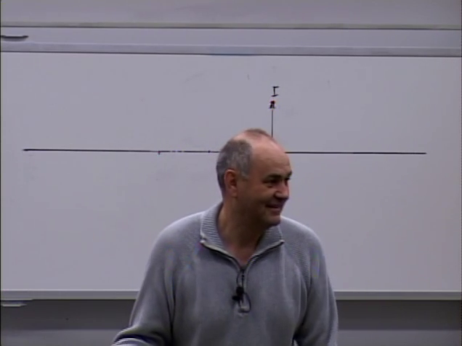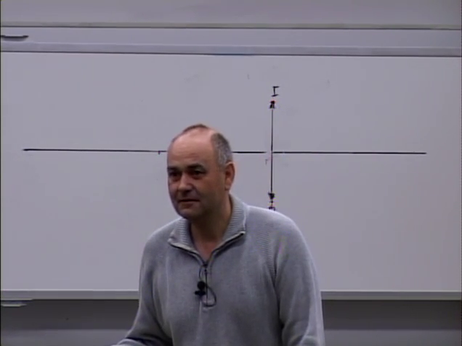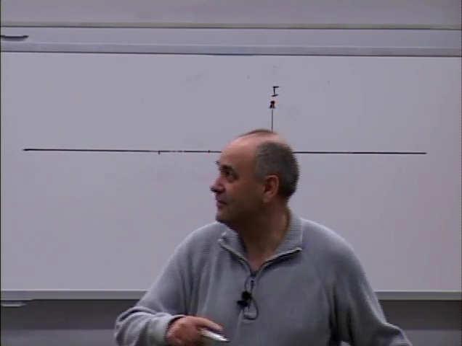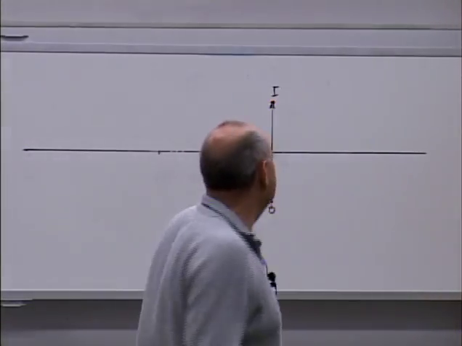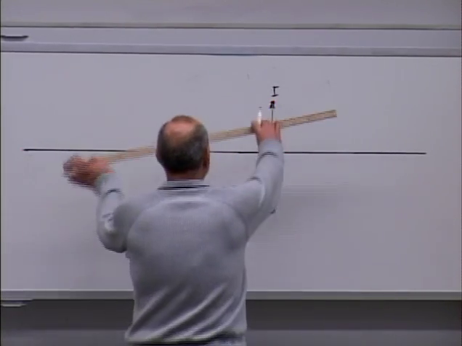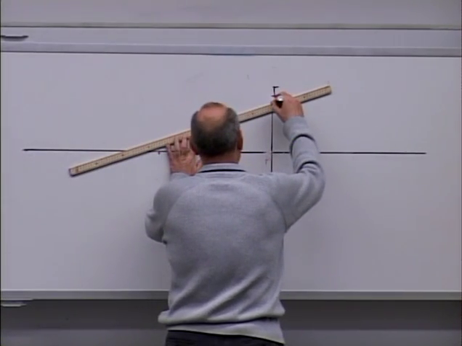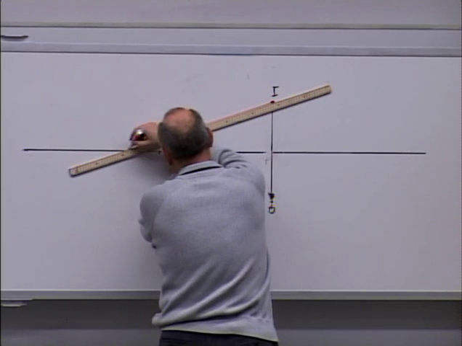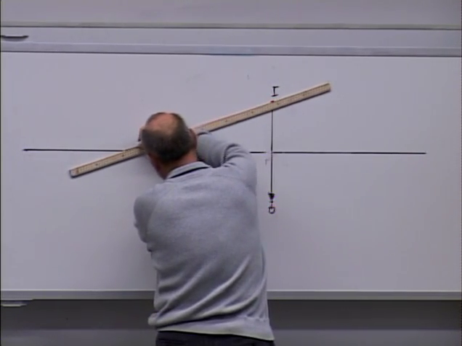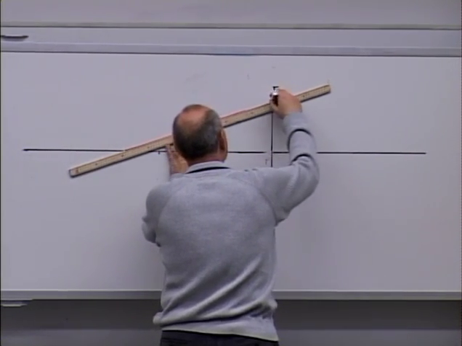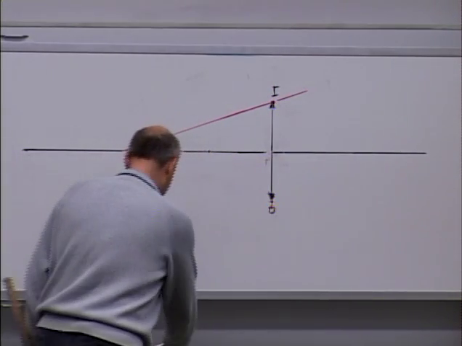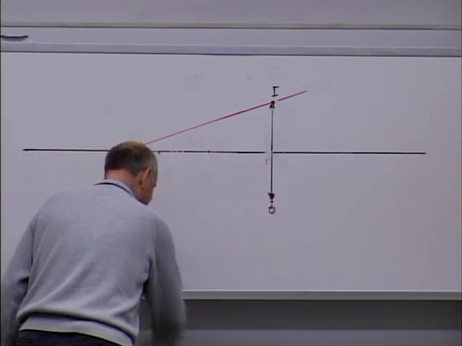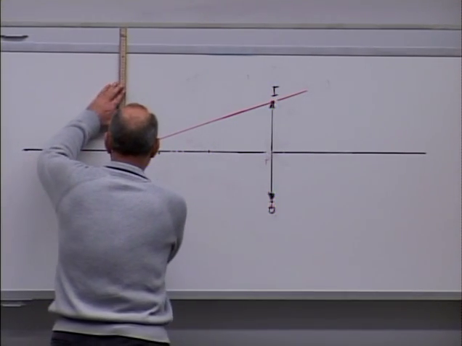How? Oscar, how would I draw a ray now? Anyway, yeah, so I can draw it, let's say, this way. Well, it means that the mirror is supposed to be here.